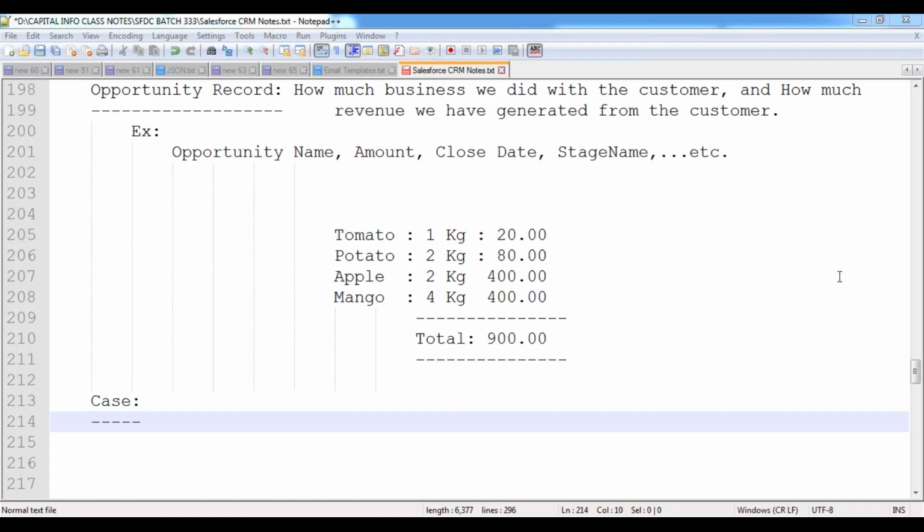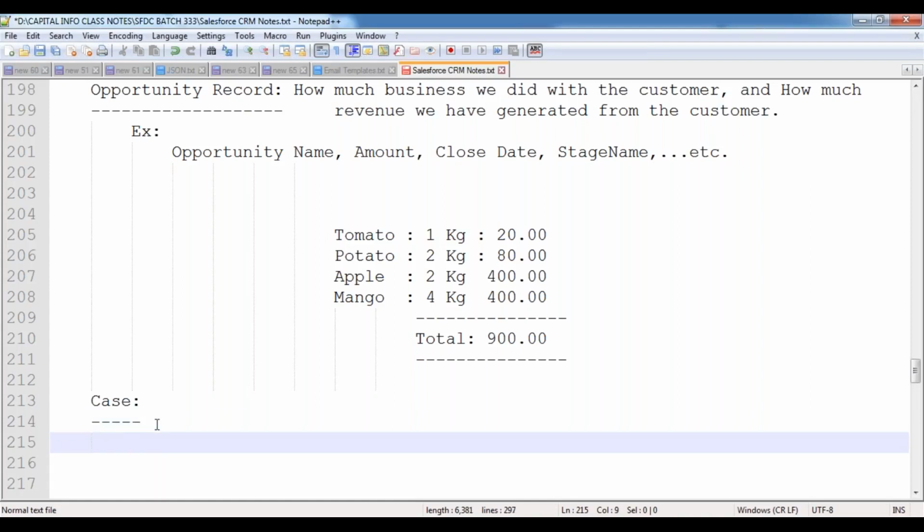So the case is nothing but the detailed information of the problem which the customer is facing with our product or service.